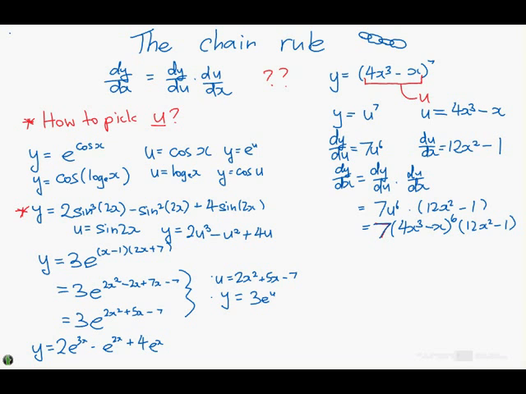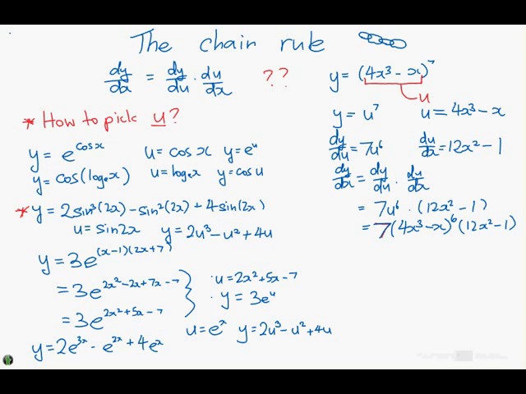So you could go, well, u equals, how about e to the x? Then y would equal 2u cubed minus u squared plus 4u. Yeah, they're both differentiable. Pretty good.